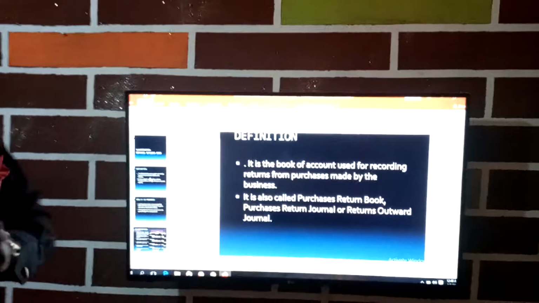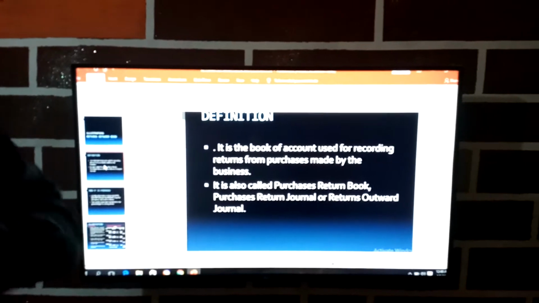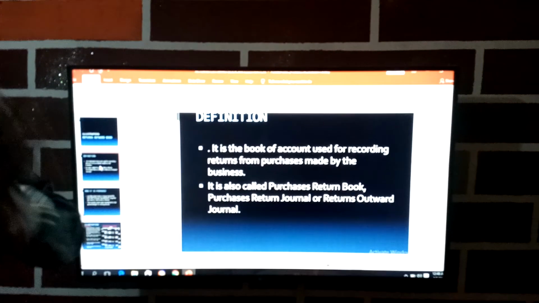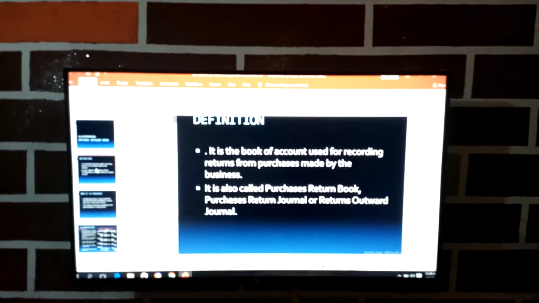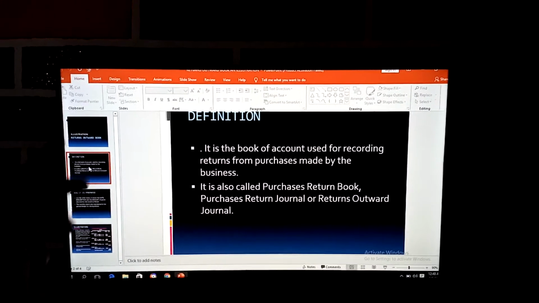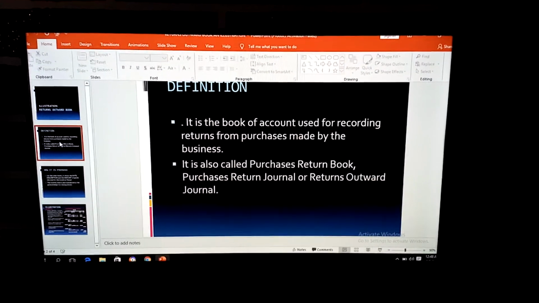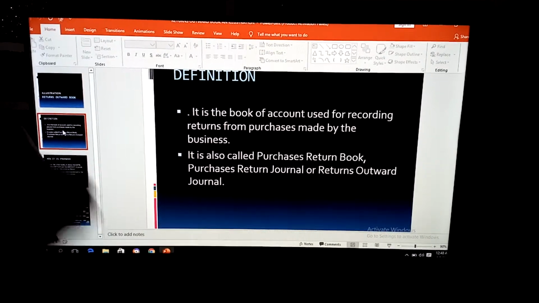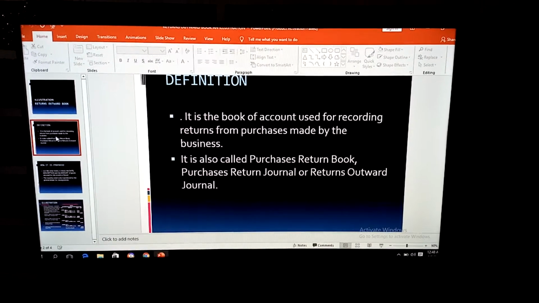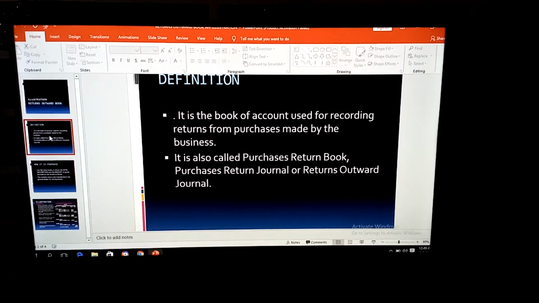The returns outward book records returns made out of purchases. What I am trying to say is that after purchasing during a particular month or a particular period, it is also possible that part of the products purchased is returned to the person we bought them from.